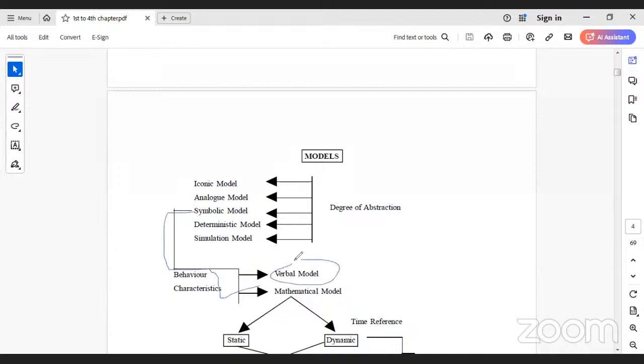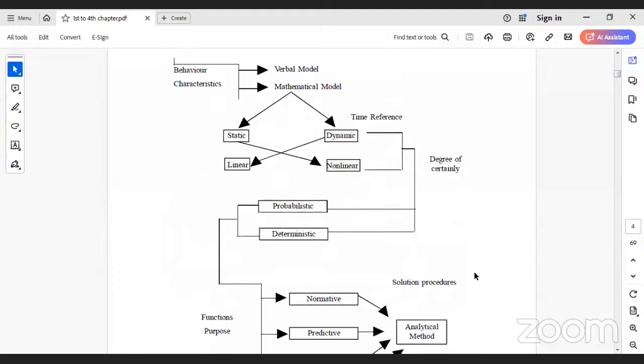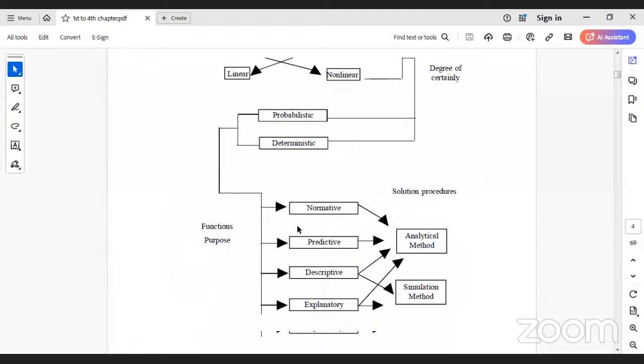There is a verbal model and mathematical model. In mathematical model, what is static and dynamic we are taking here. Static is non-linear, dynamic is linear. Then the degree of certainty, we are taking here in dynamic, probabilistic and deterministic. Then there is the function or purpose.